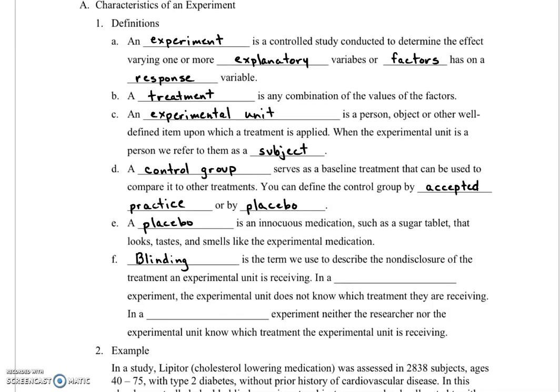In a single blind study or experiment, the experimental unit or subject does not know which treatment they're receiving, but the researcher does. In a double-blind experiment, neither the researcher nor the experimental unit knows which treatment this experimental unit is receiving.